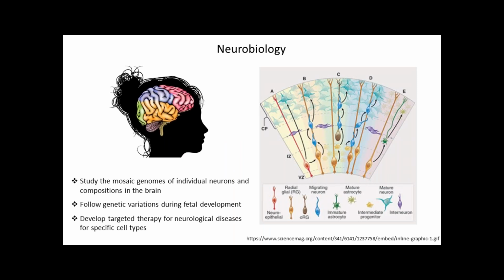Using single-cell sequencing technology, we can study the mosaic genomics of individual neurons and compositions in the brain, follow the genetic variants during fetal development, or develop targeted therapy for neurological disease for specific cell types.